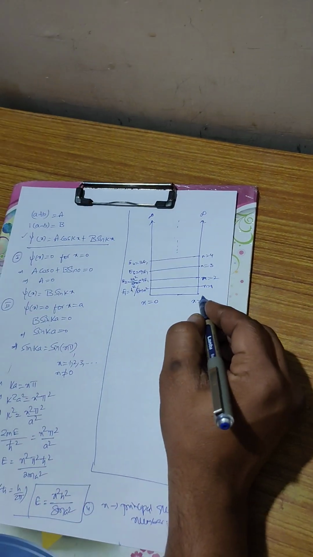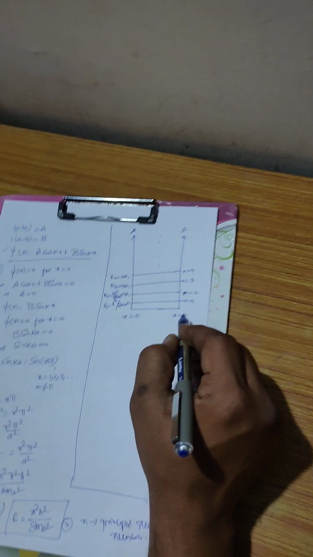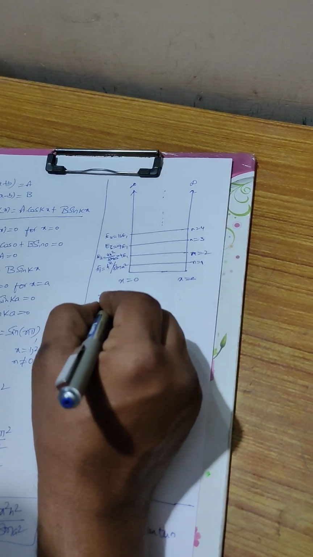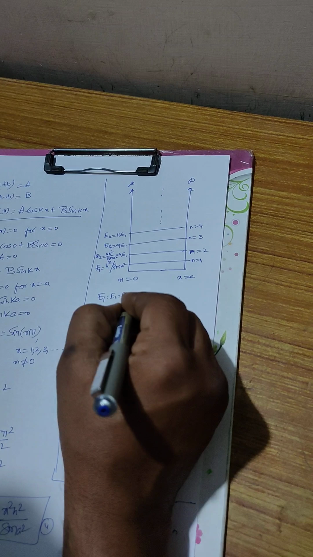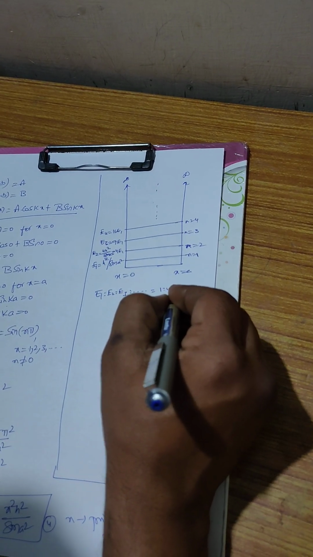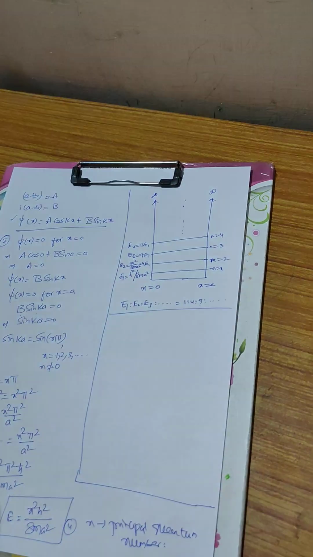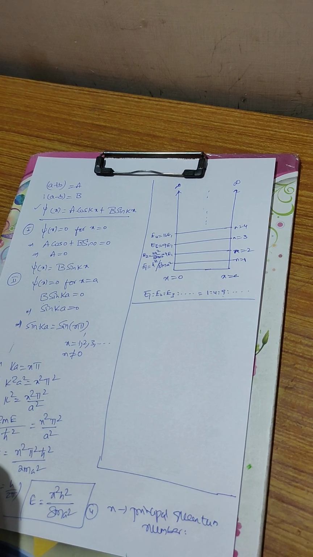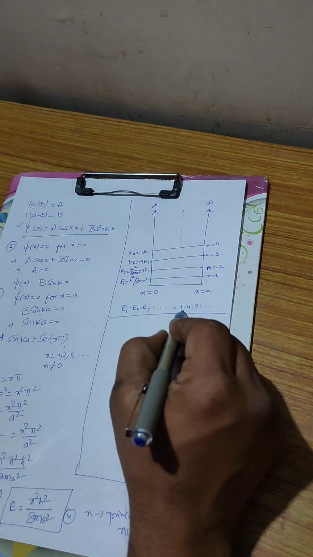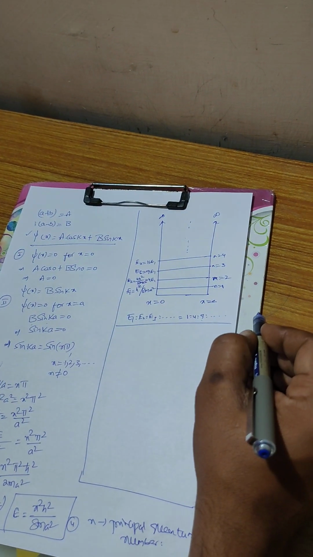Therefore, the ratio of energies E1 to E2 to E3 and so on is 1 to 4 to 9 and so on. This is how the energy of the electron in the potential well can be considered. So the energy of the electron inside the potential well increases in proportion to n square.